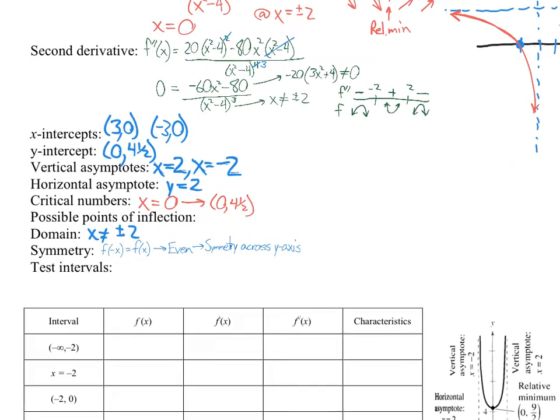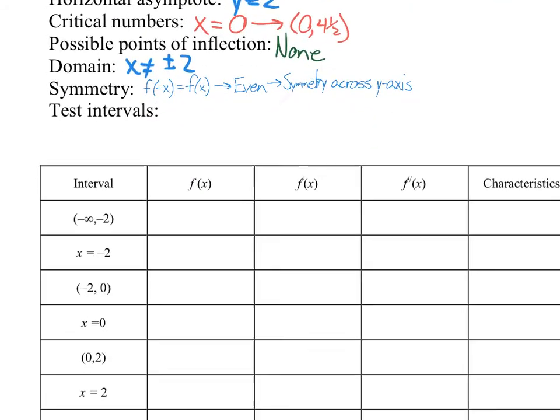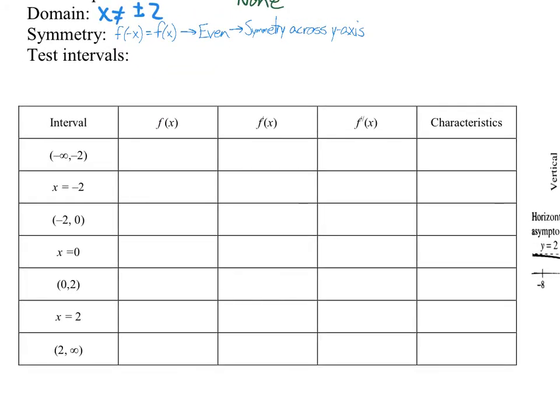Now, if it's helpful for you to do different intervals and make a table like this, then by all means do it. Here we have the function, the first derivative, the second derivative. The test intervals part is kind of optional.